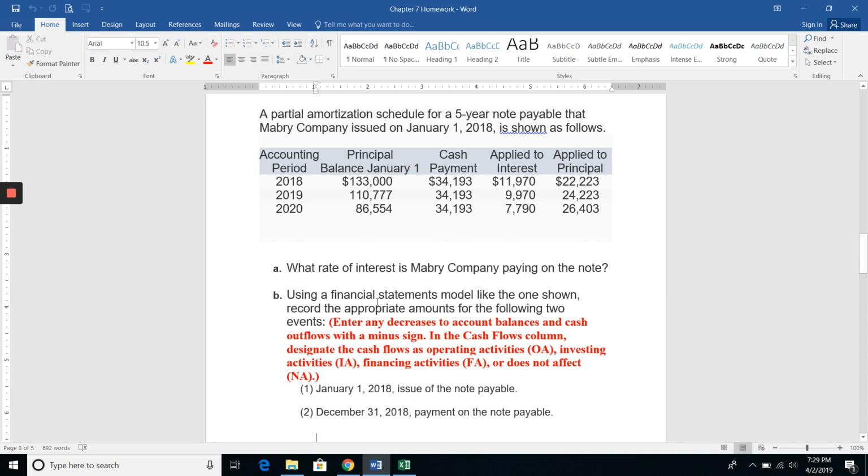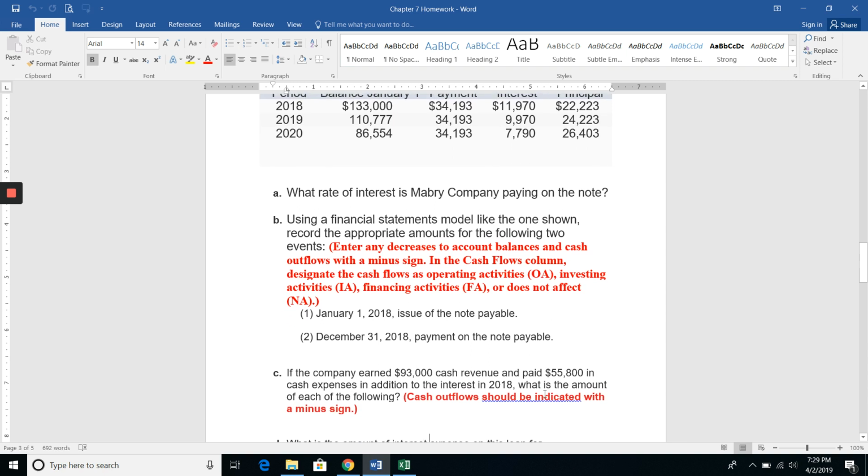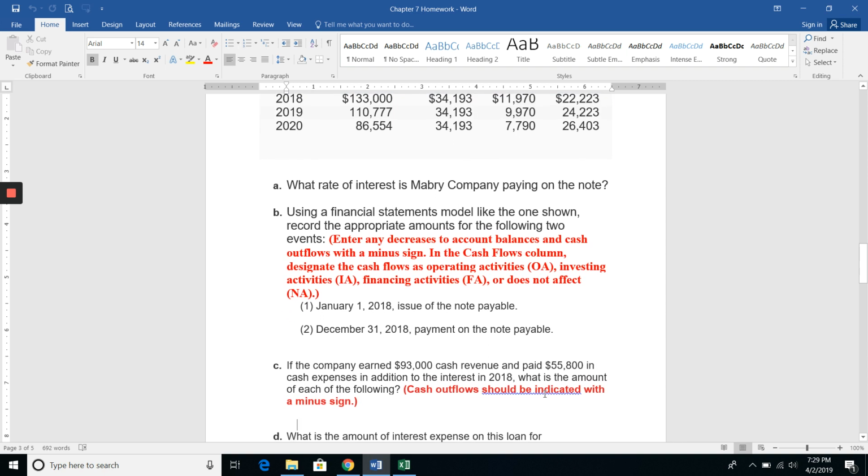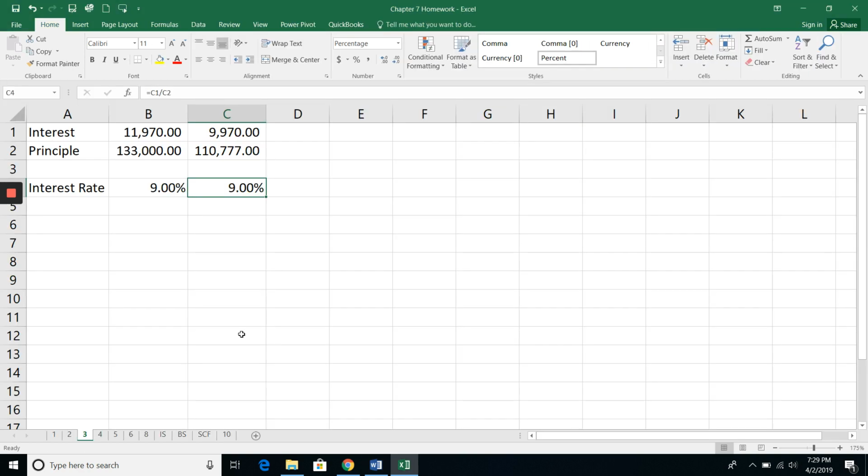Using a financial statement model like the one shown, record the appropriate amounts for the two following events. So we're going to go back to our framework and look at what happened on January 1 when the issuance of the note actually happened. So we have a $133,000 note.